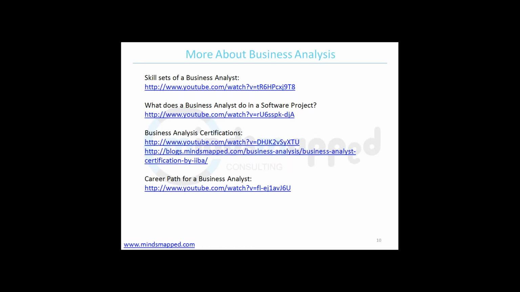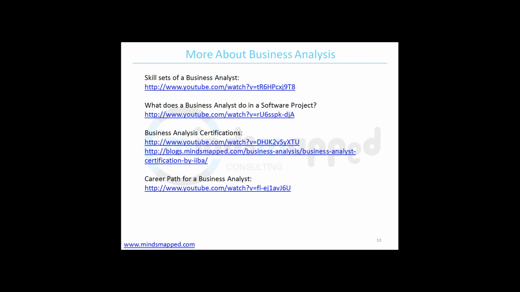And career paths, you could join as a junior business analyst or a business analyst. And sometimes if you're an MBA, some of the organizations could even hire you as junior product managers. And you could move up as you grow and as you keep working.